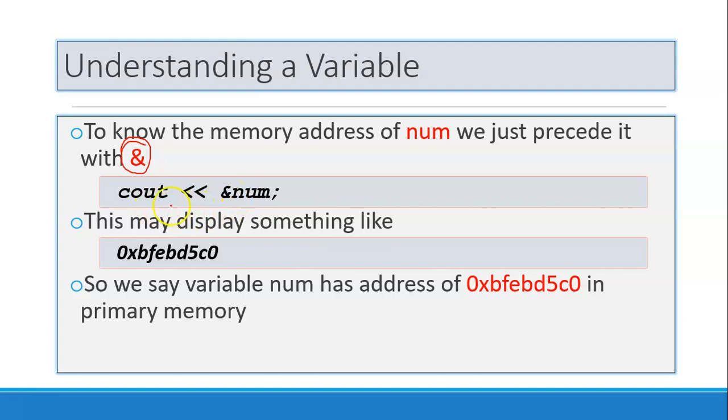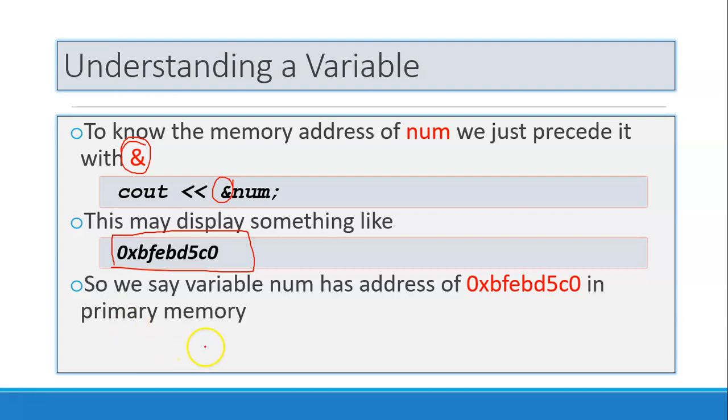But if we have something like cout, then ampersand num, this is going to give us the address of num. So instead of displaying 25, it's going to display something like this, which is an address of num.